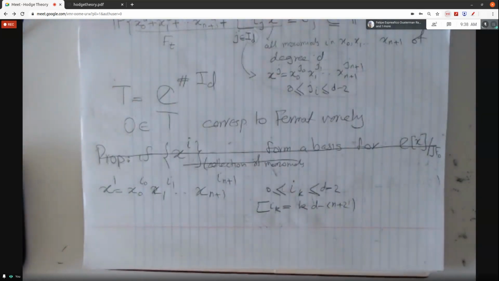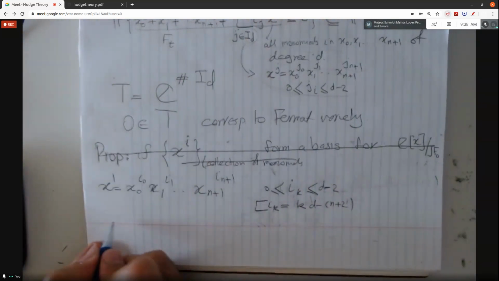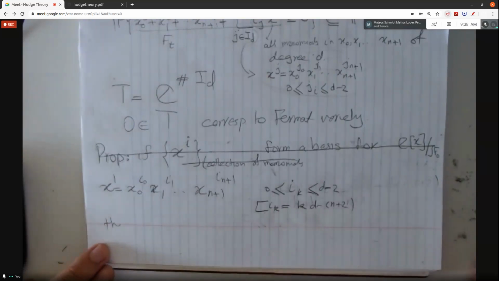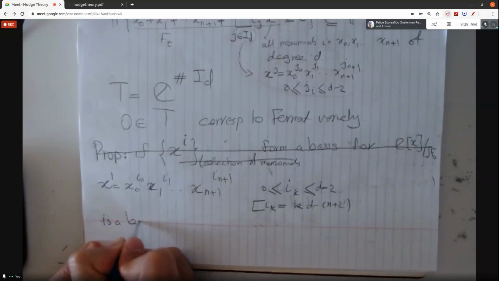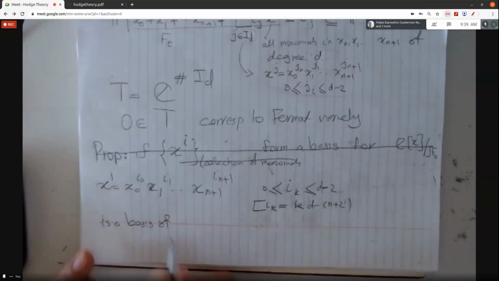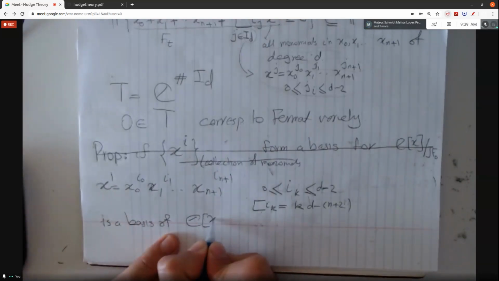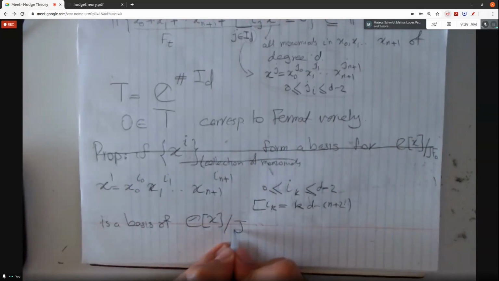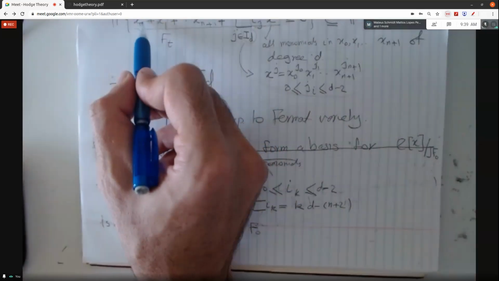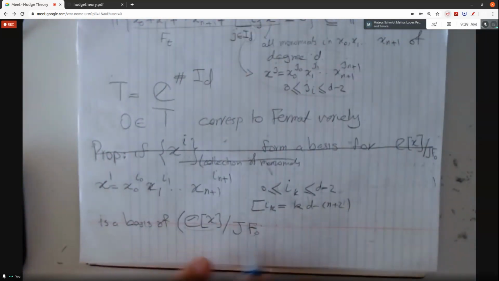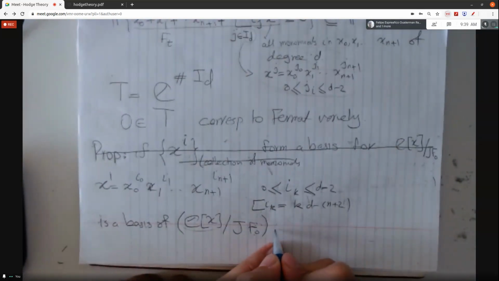Okay, so first of all, this is a basis of the Jacobian ring, the ring of polynomials in X divided by the Jacobian ideal of F0. The Jacobian ideal of F0 is very simple: it is generated by Xi to the d minus 1. So what I want to say is that they form a basis of this guy.